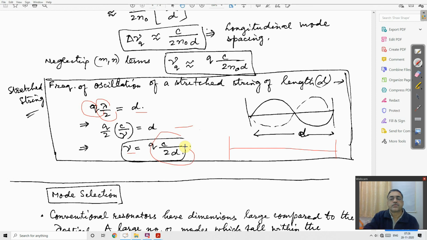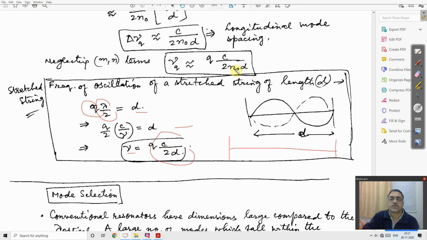This we have seen in our elementary physics, and this equation goes hand in hand with that concept. Here it is the velocity of light, there it may be the velocity of sound.